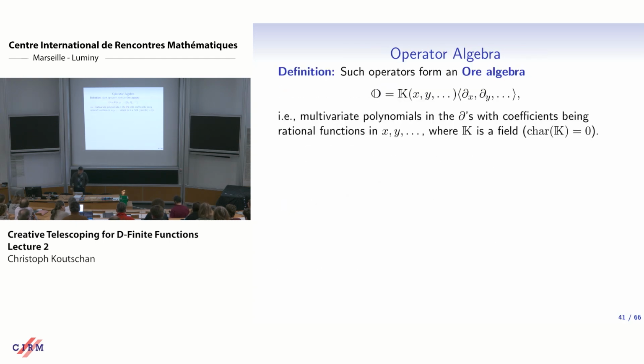Okay. So now using operators, we can talk about the multivariate operator algebra that is called an Ore algebra. So we have rational functions in many variables, and then we have certain operators that act on them. And they could be differential operators, could be shift operators, could be Q-shift operators, but I will not talk about those.